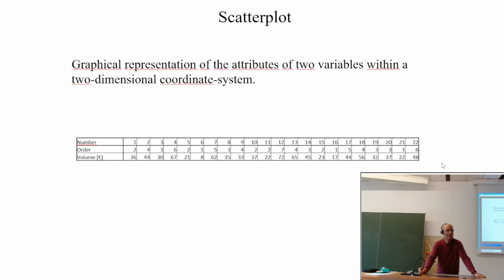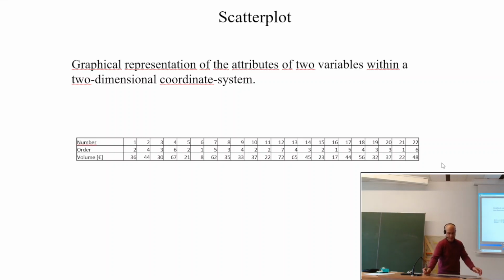Because in economics, for example, you are interested in the demand for a product, and then you maybe have in mind this demand will be dependent on the income situation of the consumers. It may also depend on the age of the consumers, maybe the cultural background, and so on. So you can think of many variables which influence another variable.